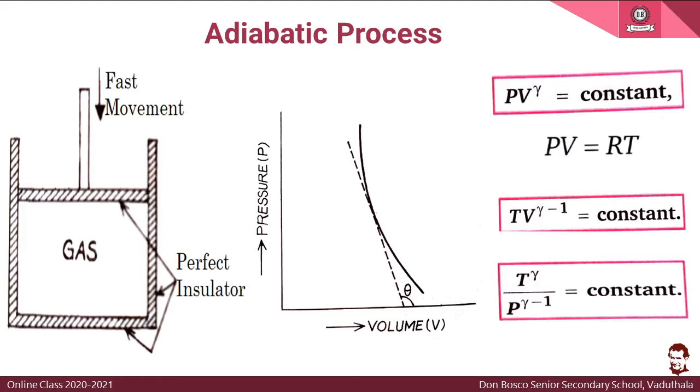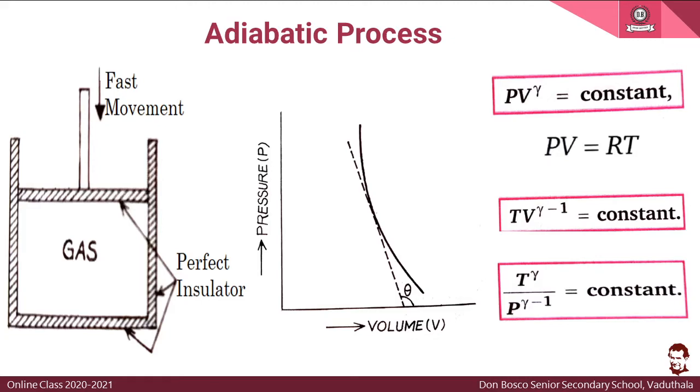When we apply the gas equation PV equal to RT, substituting the value of P as RT by V, it will be T V raised to gamma minus 1 is constant. Then instead of V, if we substitute in terms of RT by P, it will be T raised to gamma by P raised to gamma minus 1 will be constant.